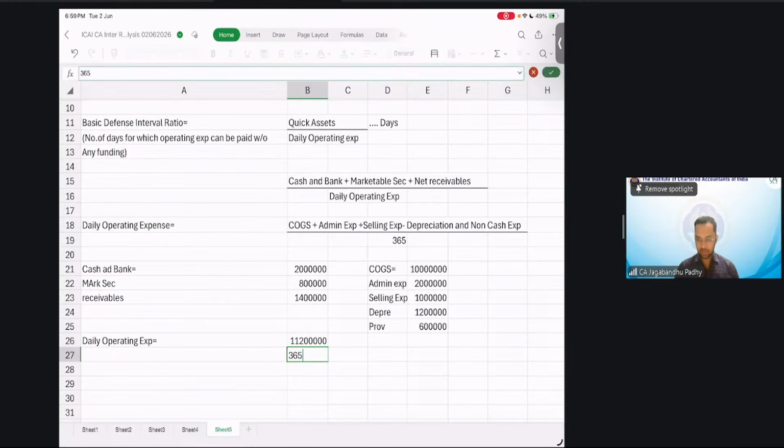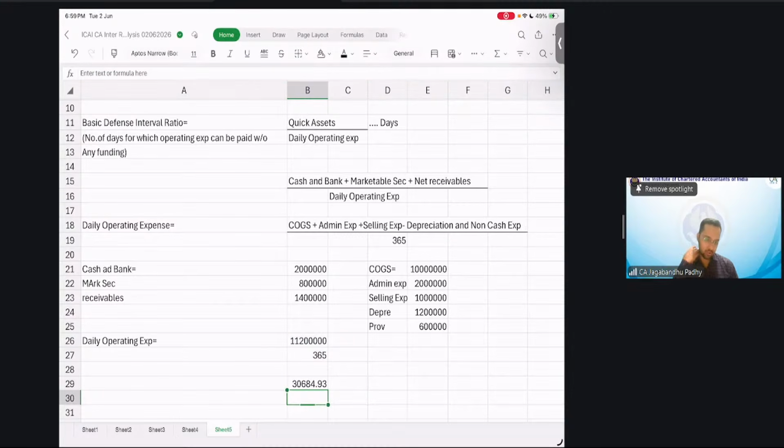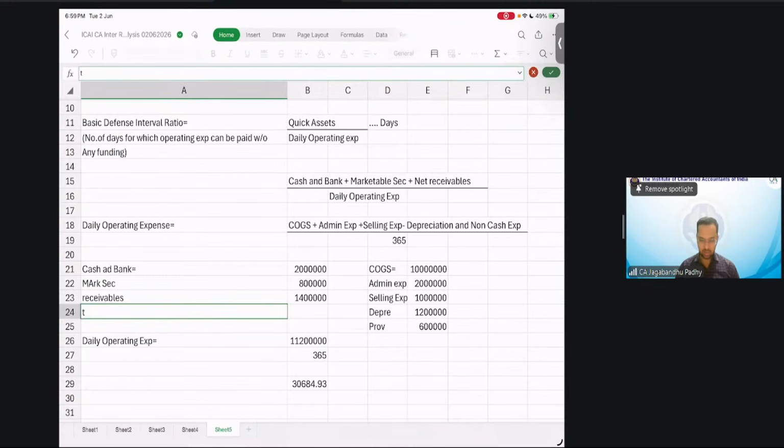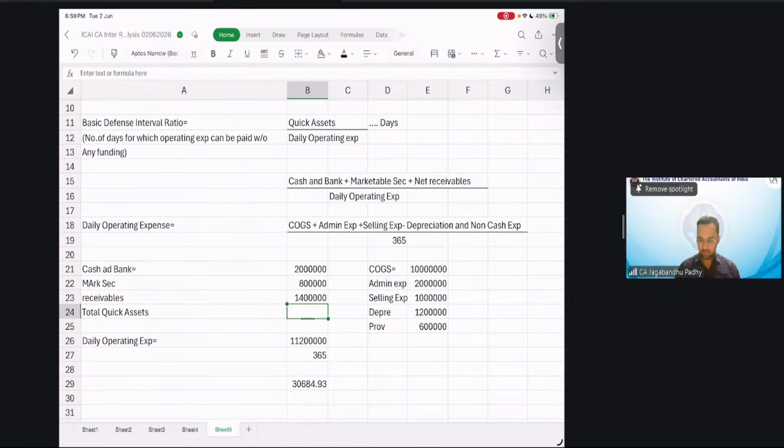This divided by 365, which will give us 30,684 as a daily operating expense. And we have the total quick assets, the sum of all three of them, right? Correct? So daily operating expense is this, and your total quick assets is this.